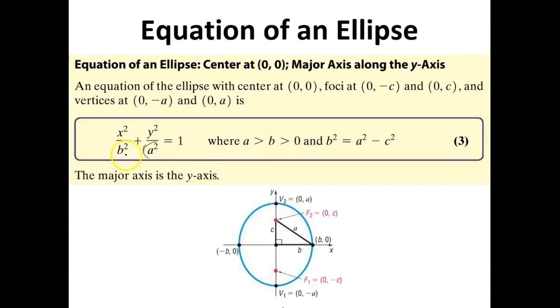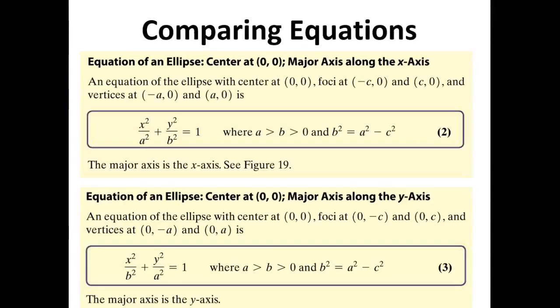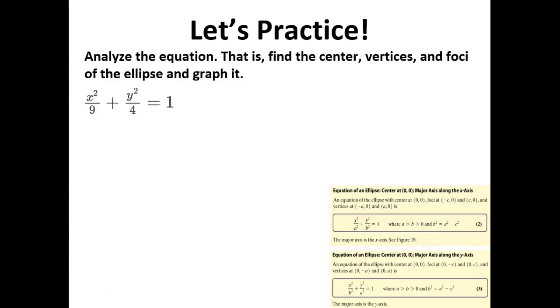The only thing they're switching are the a's and the b's, and they're doing that to show you that when this part here is larger, then we have a major axis along the y-axis. So again, comparing these two, everything should look identical except where the a squared and the b squared are. So they flip those. This is saying if what's underneath the x squared is the largest, then the major axis is along the x-axis. If what's under the y squared is the largest, then the major axis is along the y-axis.